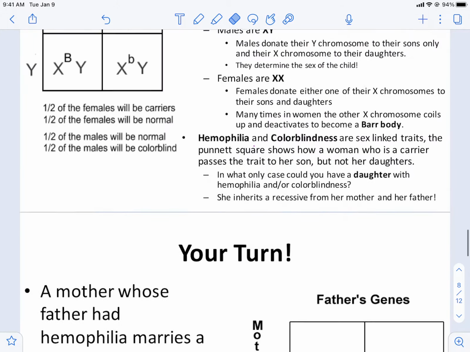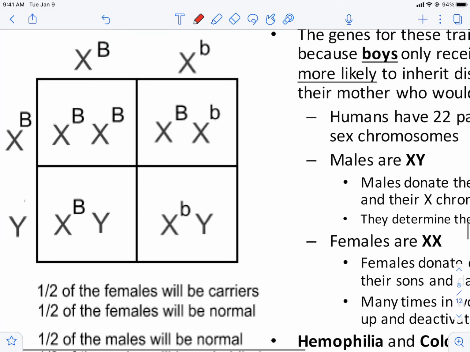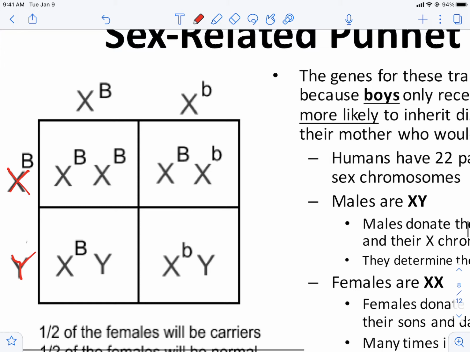So, if we go back to sex-linked Punnett squares. If you're a male, you are XY. Don't worry about the B's right now. If you're a female, you're XX. Now, if a trait is present in every generation, it's a dominant trait, right?